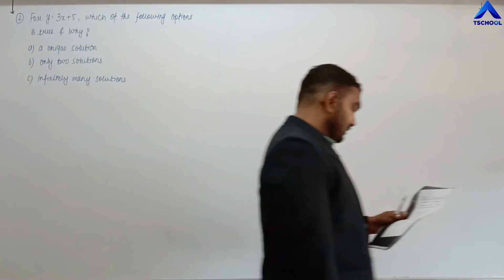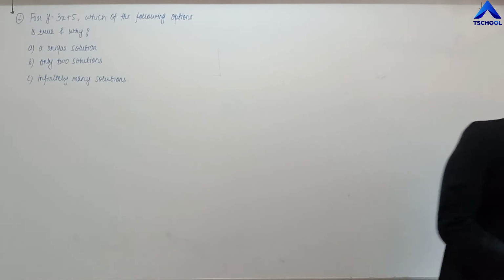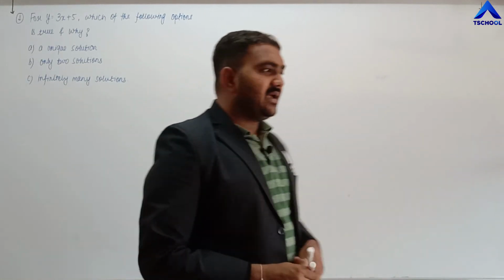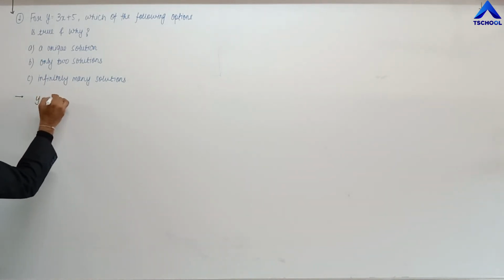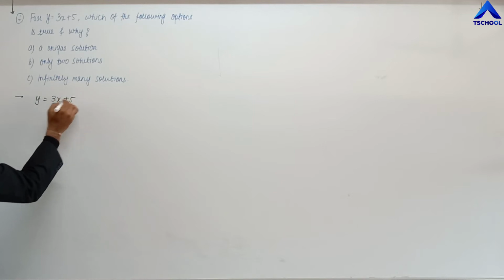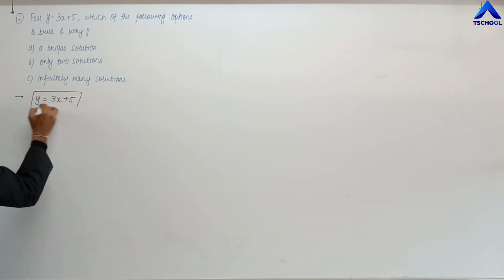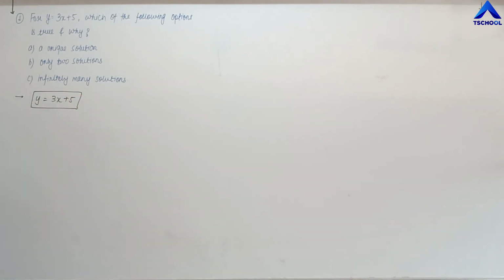Now friends, as you can see, I have an equation y = 3x + 5. Can you find out the solutions here? Actually, let me repeat. Can you find out the number of solutions?